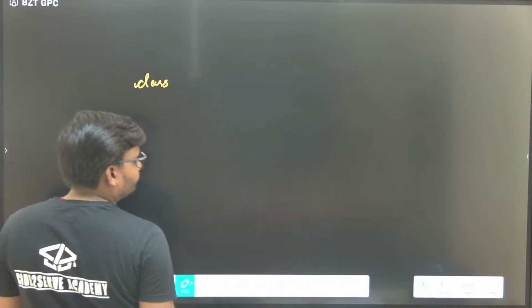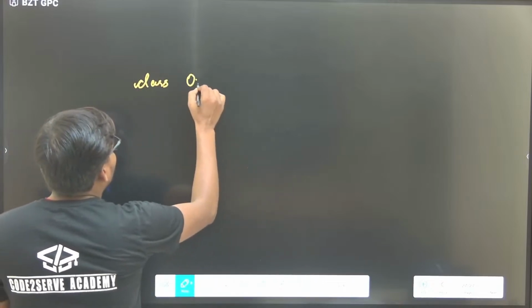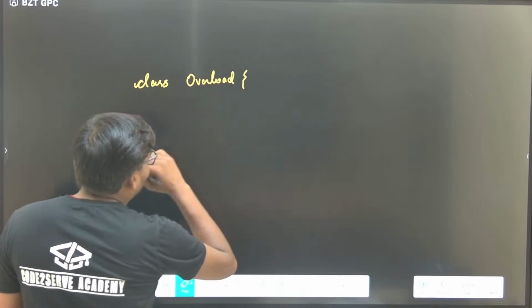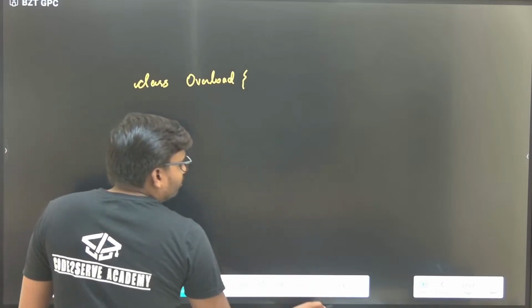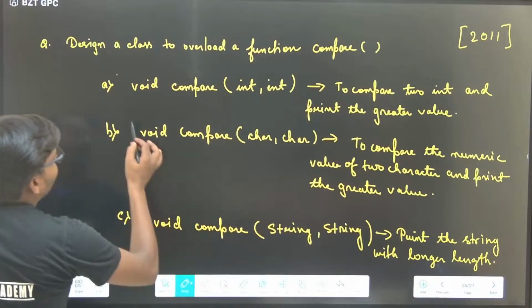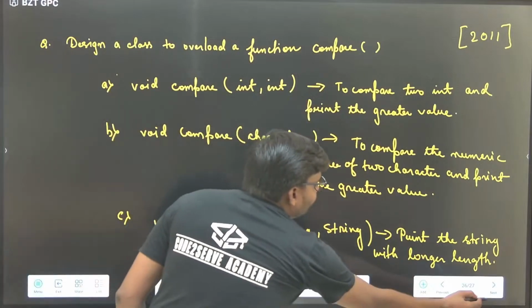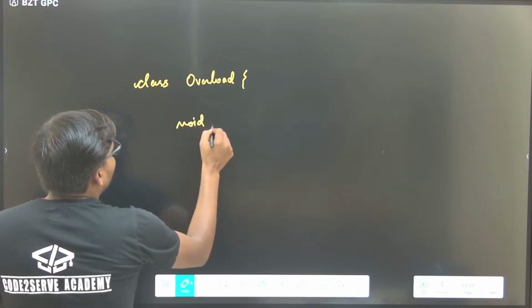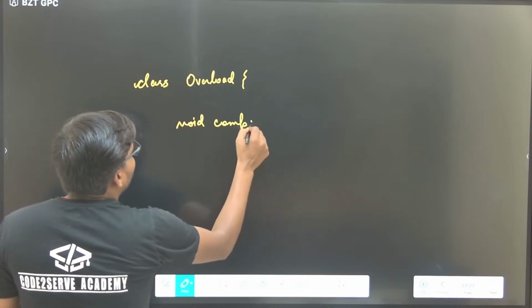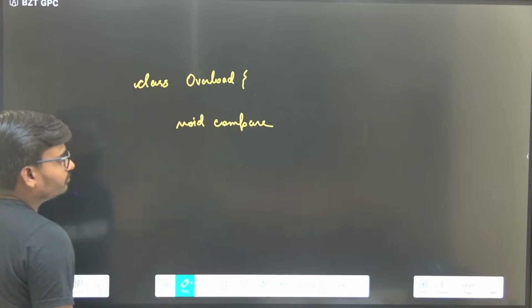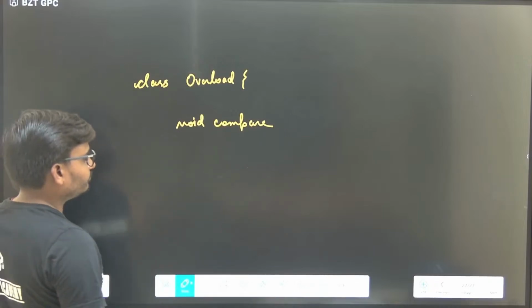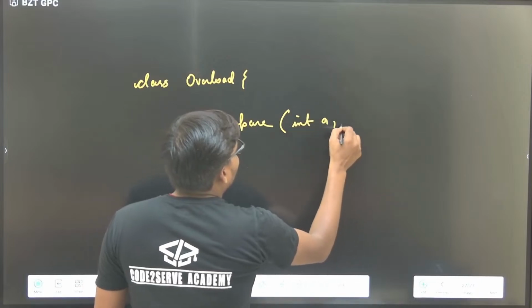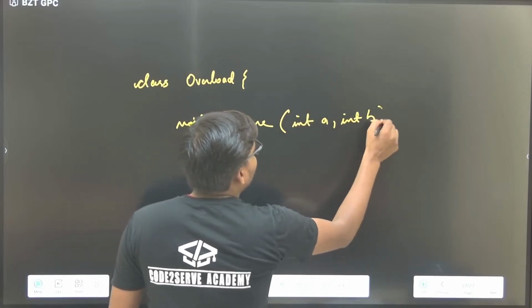Class overload. Suppose I give the name overload. Here, the first one is a void compare, and it accepts two arguments: int a comma int b.